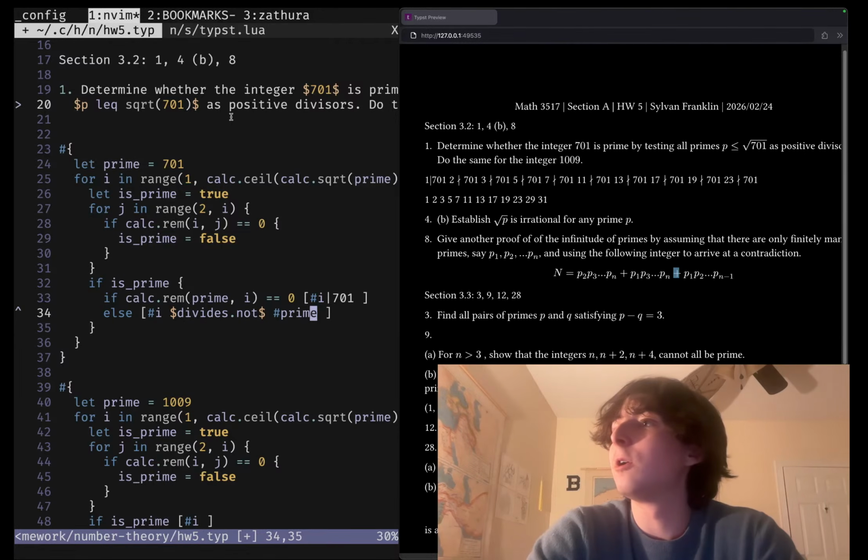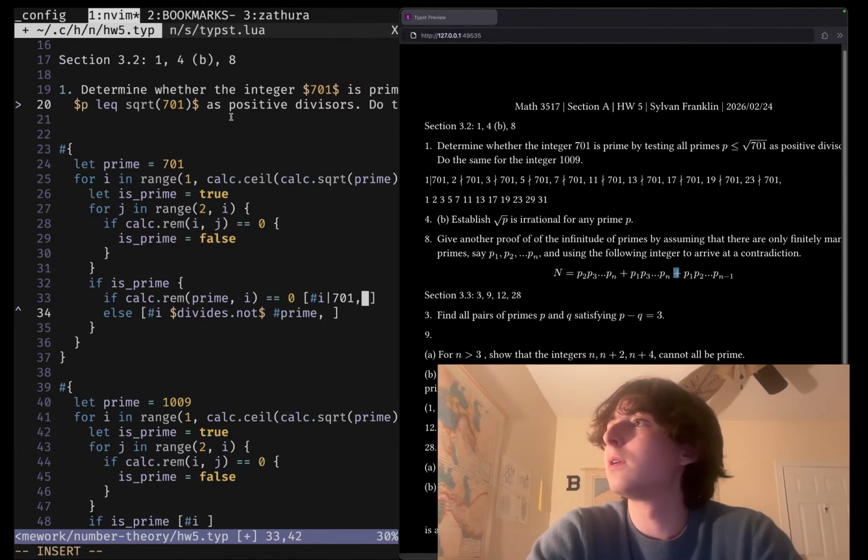And maybe that's clear. Could add a comma. And it looks like 1 is the only one that divides that. I'm going to remove the comma because we have the last one.